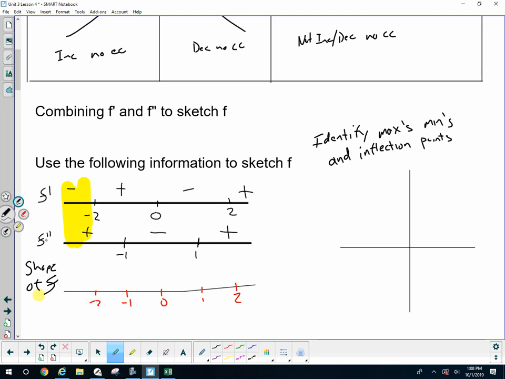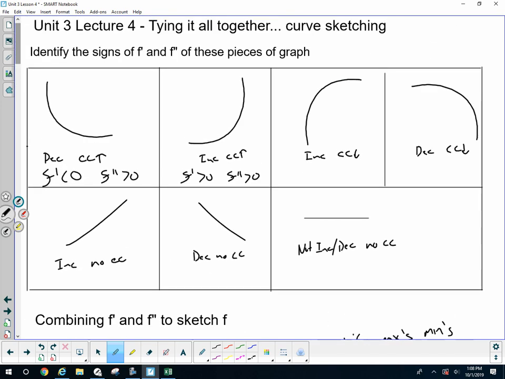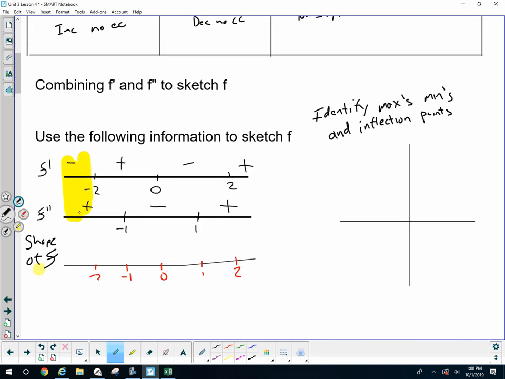If f prime is negative and f double prime is positive, well, we are decreasing concave up. Right there, f prime is negative, f double prime is positive. We know that until -2, my function has that shape.